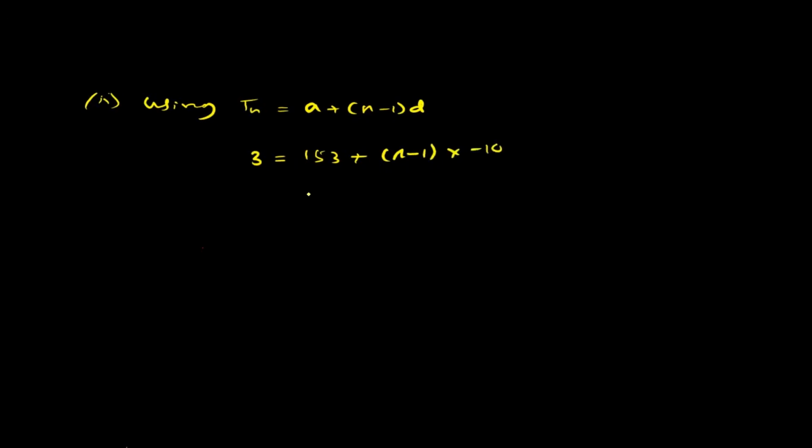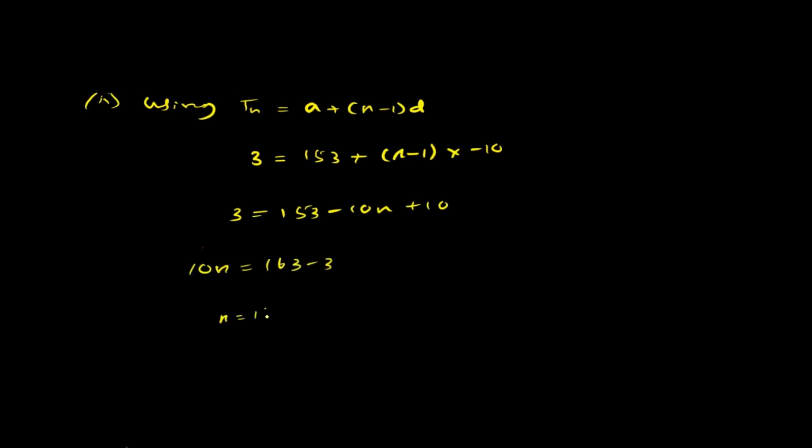Simplify this. 3 equals 153 plus n into minus 10, which gives minus 10n. Minus into minus equals plus, so you get plus 10. So you have 163 in total here, minus 10n. If you take it to the other side, you get plus 10n. This equals 163 minus 3, which is 160.